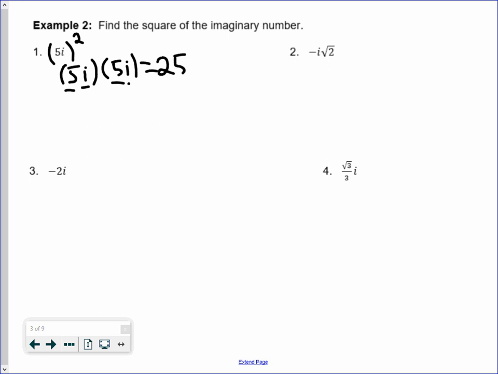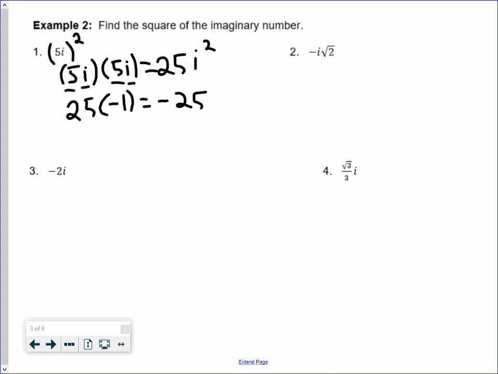Then we multiply i with i, variable with variable. i times i gives us i squared. We're not done here because we have to simplify a little more. Remember from the last slide, we said i squared equals -1. So we have 25 multiplied by -1, or -25.